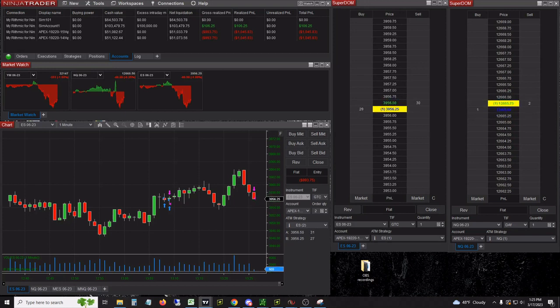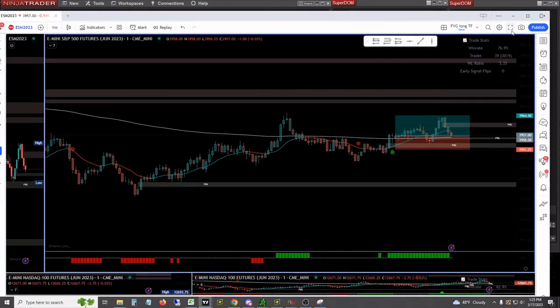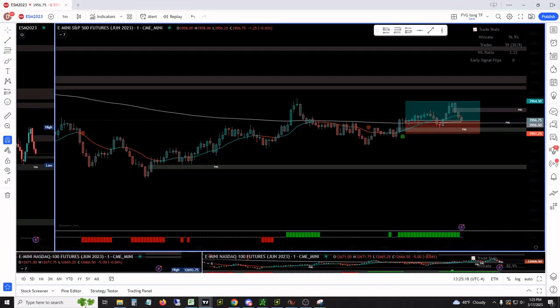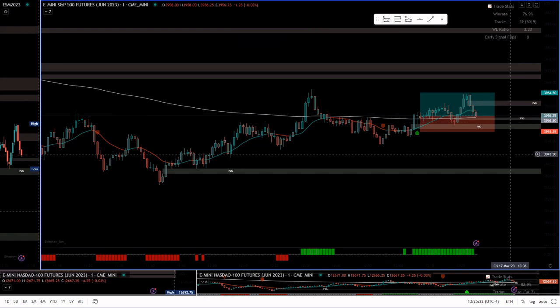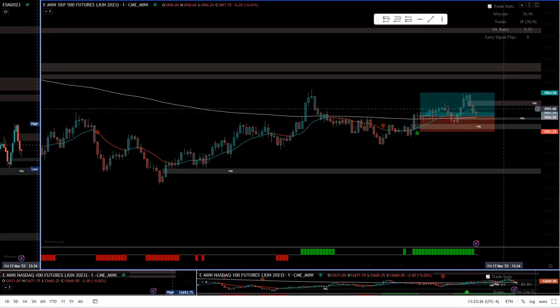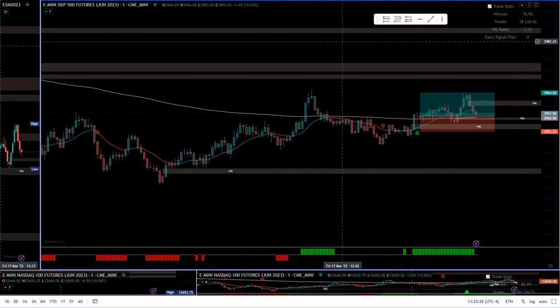So I stopped out, didn't lose any money on it. I'm going to go ahead and leave this up, to see if it hits its stop here, if it would have bounced back up and made money.